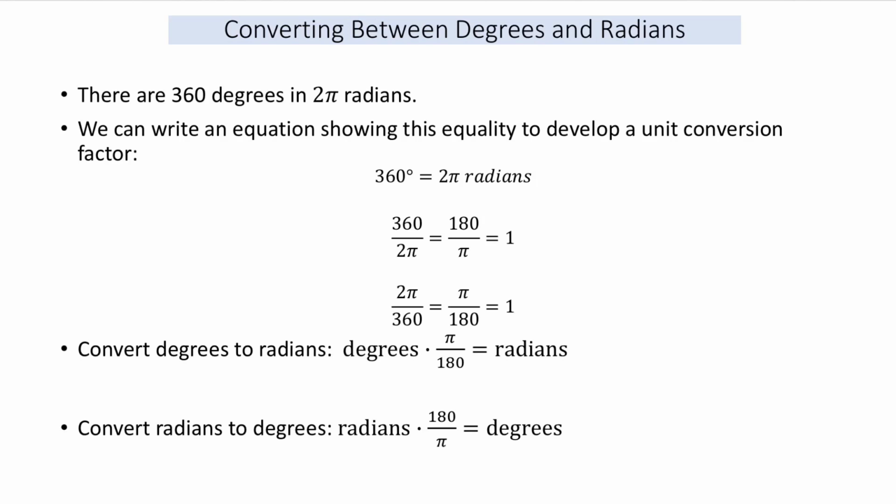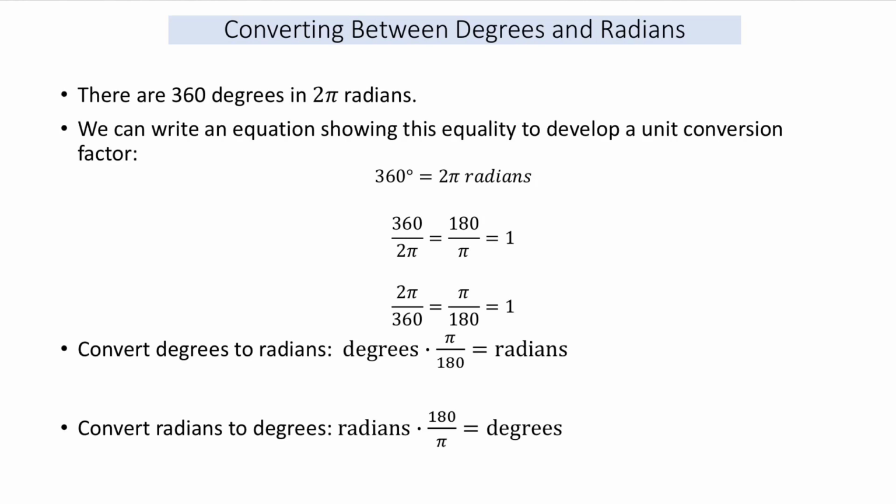So you've dealt with those in science quite a bit already. So we need to do this sometimes when we're converting weight units or mass units or length units, sometimes even degrees of temperature. Right? So now we're going to talk about converting units of angle measure between radians and degrees.